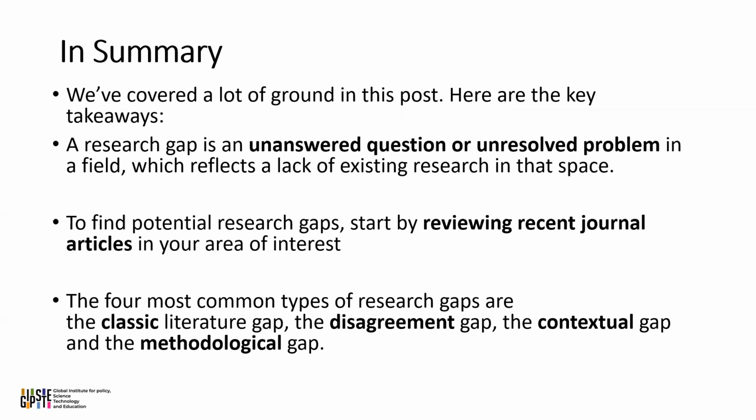Two, to find a potential research gap, start by reviewing recent journal articles in your area of interest. And you also observe that the four most common types of research gaps include the traditional literature gap, that's the classical or the classic, the disagreement gap, the contextual gap, and that of the methodological gap.